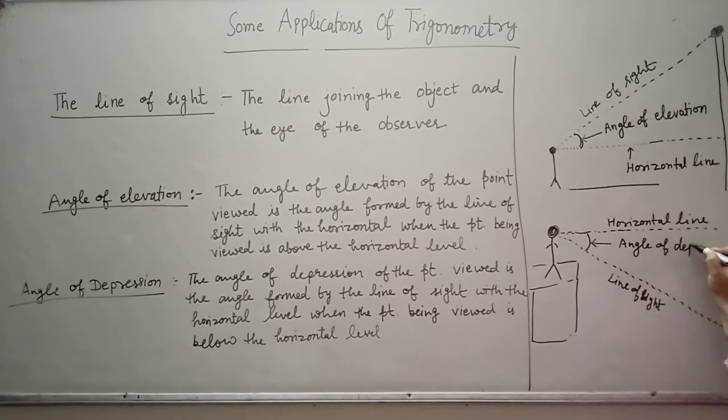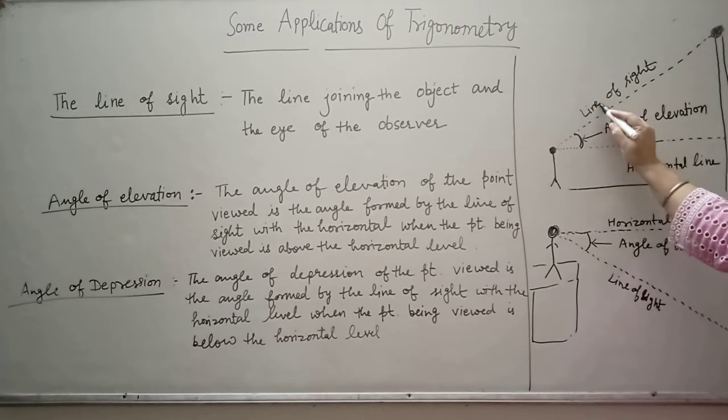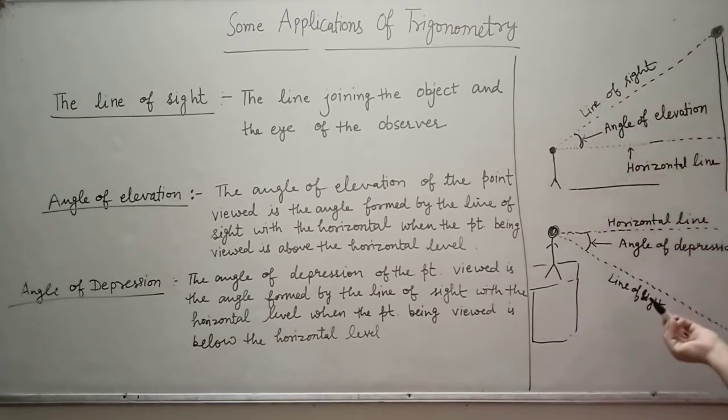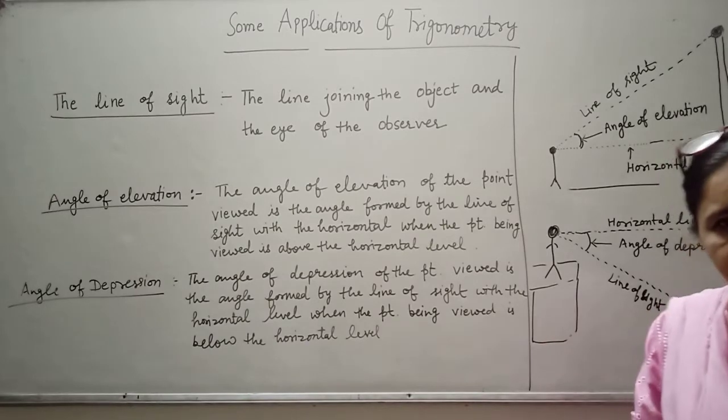Simple thing: if the object is above the horizontal line, then the angle between the line of sight and the horizontal is called the angle of elevation. If the object which you are looking at is lying below the horizontal line, then the angle between the horizontal line and the line of sight is known as the angle of depression.